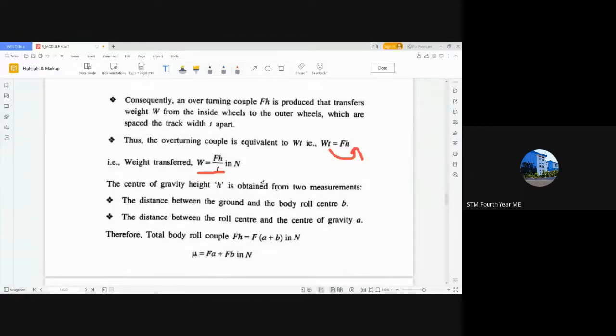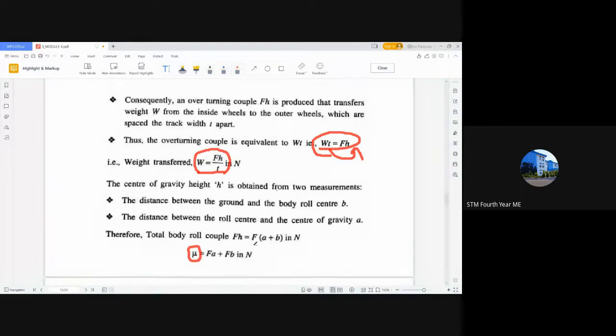Then please put this in a box. Then please write down this again: Wt is equal to Fh, which is equal to mu.